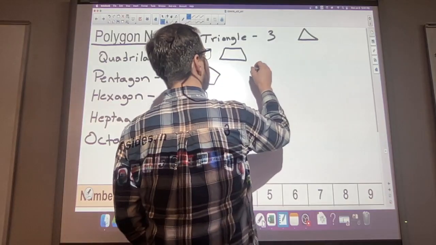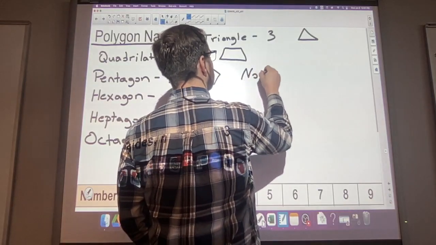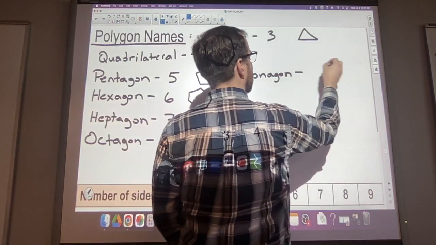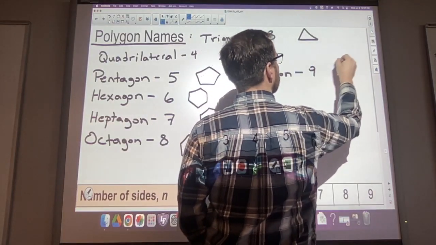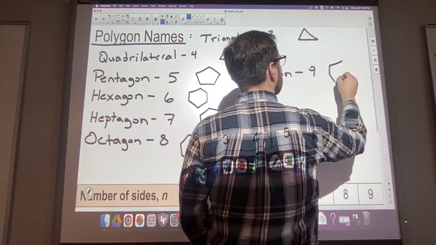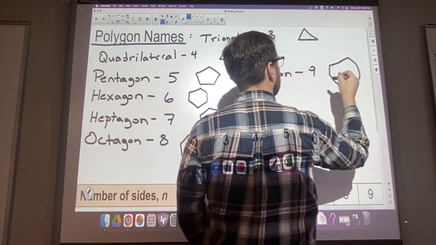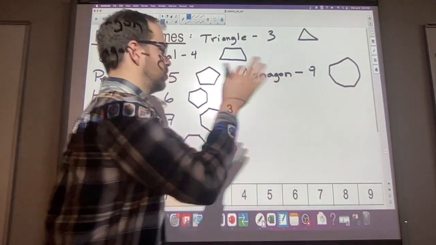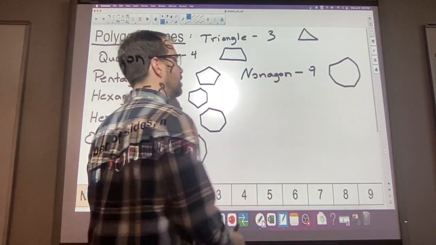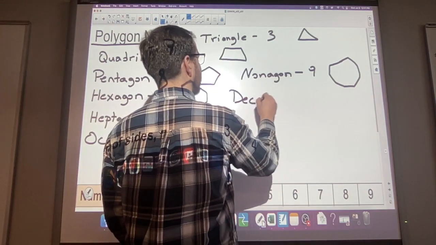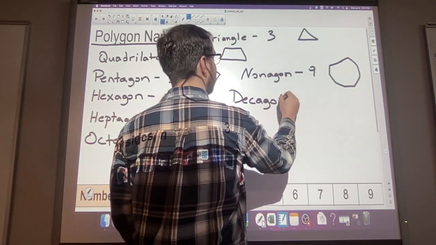All right, 9 sides is called a nonagon. Nonagon is 9. Another one that's difficult to draw. Oh, that's terrible. All right, just imagine that looks better than it is. 9 sides. And I don't even know if I'm going to attempt this one with this space that I have here.